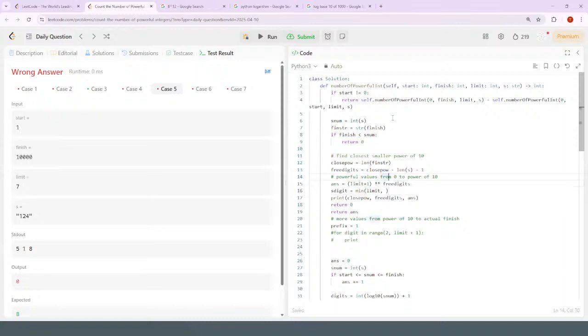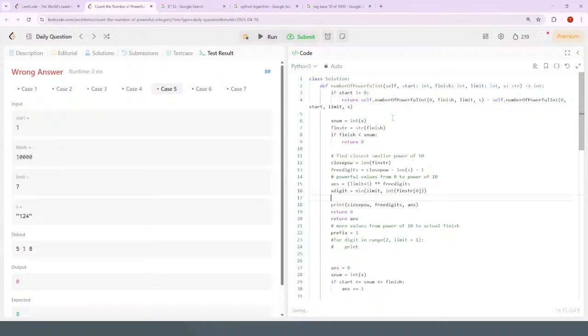So the first digit of your finish is going to be the integer of your fin string index 0.